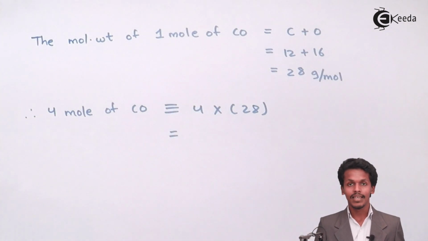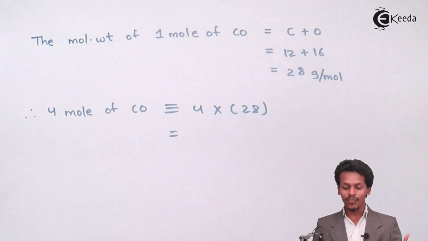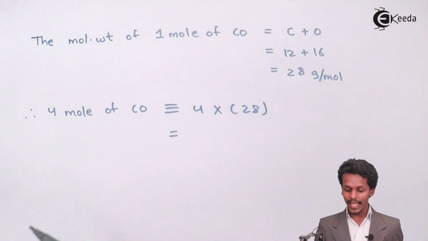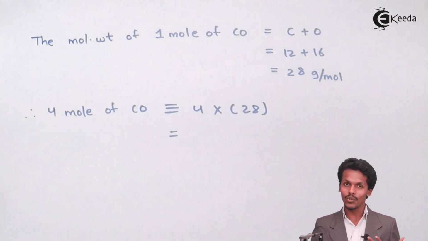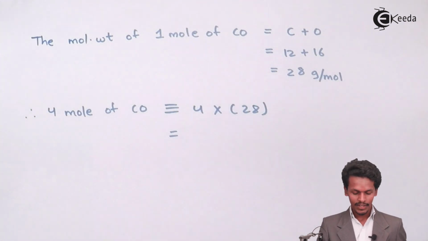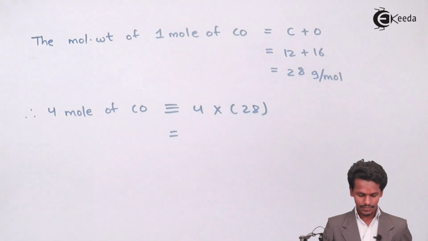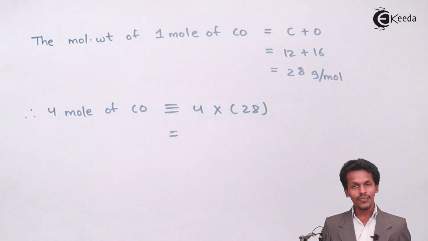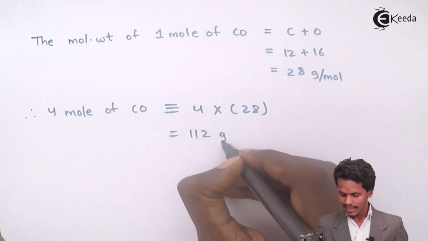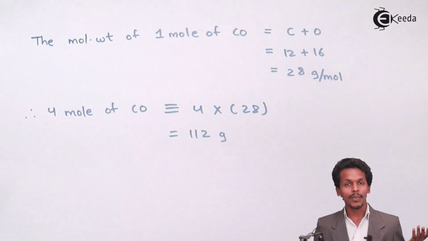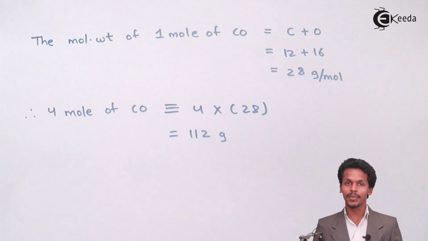So 28 gram is nothing but 1 mole of carbon monoxide, and for 4 moles of carbon monoxide we have 112 gram.